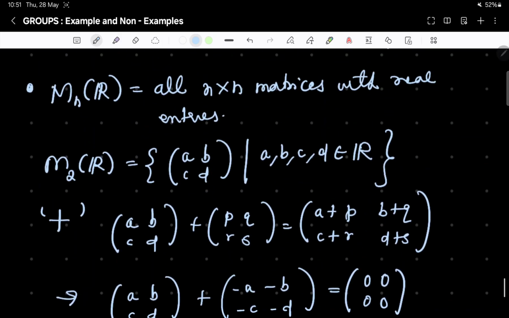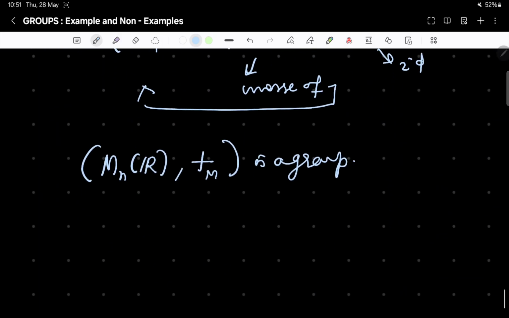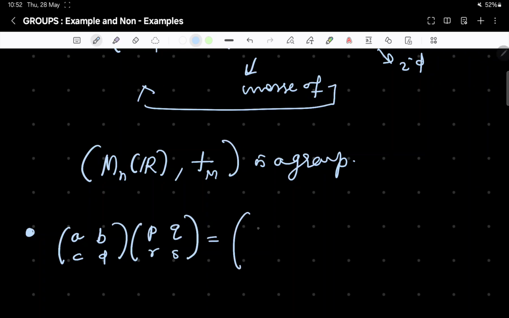Okay. So one more interesting thing, can we define matrix multiplication? So you know what a matrix multiplication is, I think. Let me define. So if two matrices are multiplied in this fashion, the multiplication is simply AP plus BR.